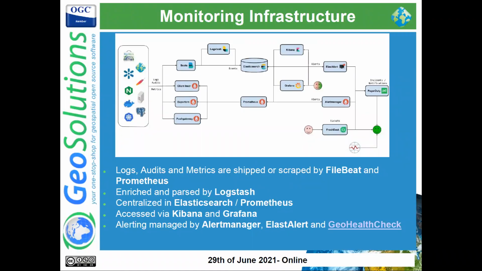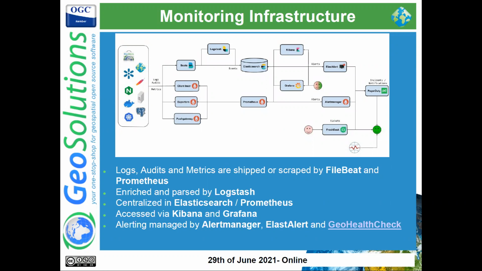Finally, a real-world use case. This is a full example of a system set up for monitoring purposes, the whole monitoring from logging to metering to analytics, alerts, and so on. In this example, we're using a combination of the Elastic stack, Prometheus, Grafana, and some alerting tools.